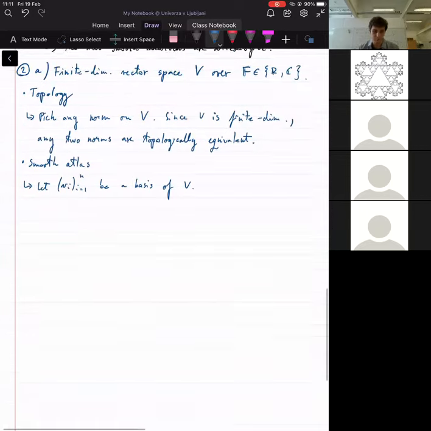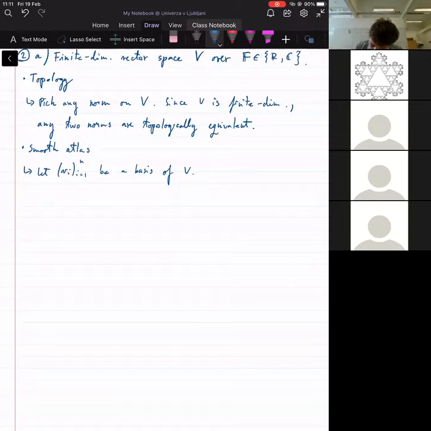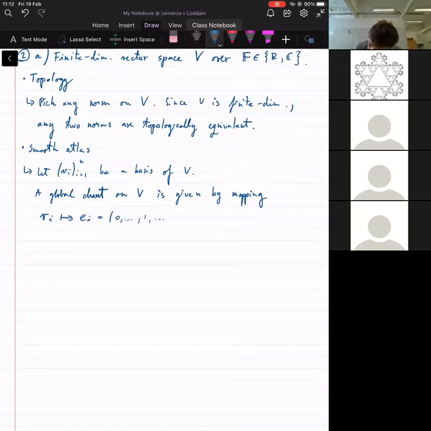And what Matej said is that we construct a global chart given by mapping v_i into the standard Euclidean basis vector, the one with 1 in the ith place, in F to the power of n, and extending by linearity.